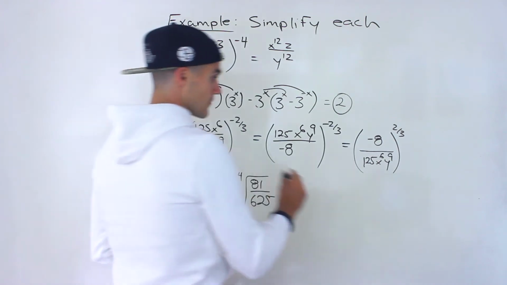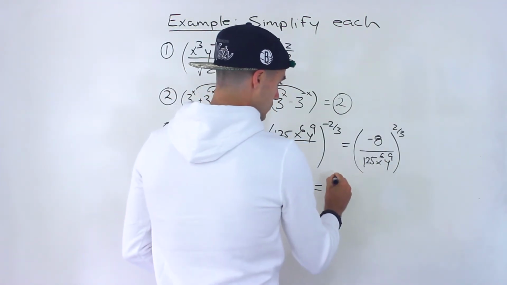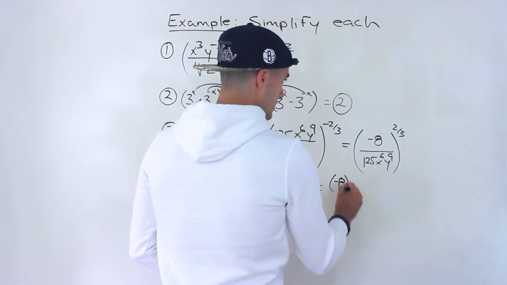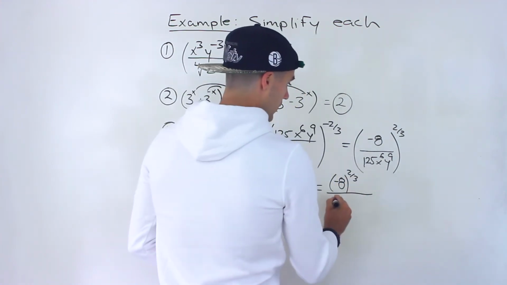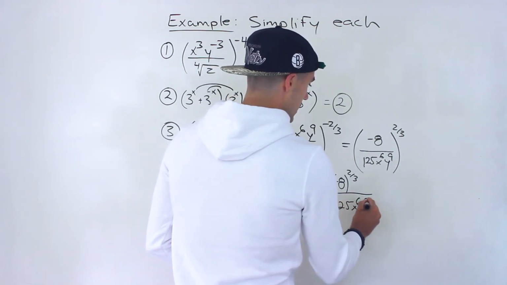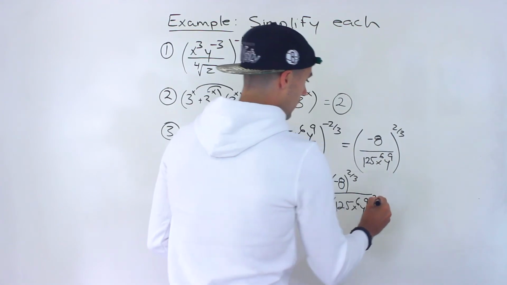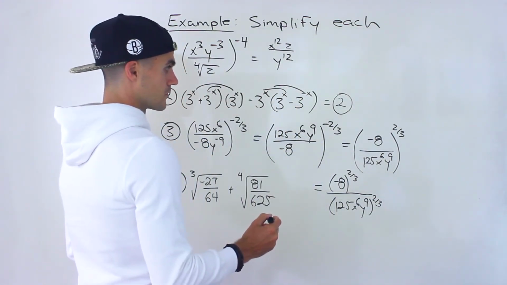Now it's a positive. And so now we have a fraction exponent, so we can write negative 8 to the power of 2 over 3, and then we'd have that whole denominator, 125 x to the 6, y to the 9, to the power of 2 over 3, like that.